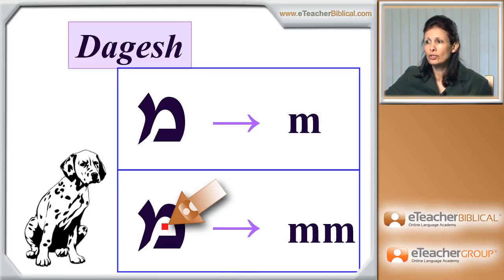As you can see here in the chart, on the bottom part, the letter Mem has a Dagesh. And this Dagesh we'd like to represent doubling. Why is that? Because in English you can easily write the word grammar with 2 M's. Hebrew would never do something like that.